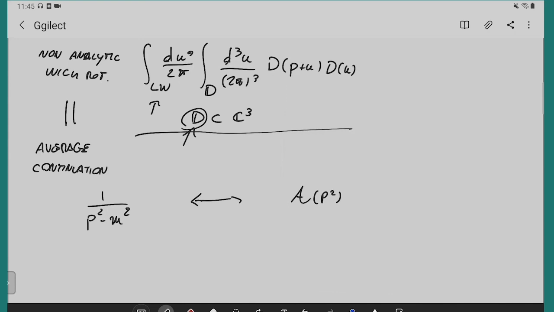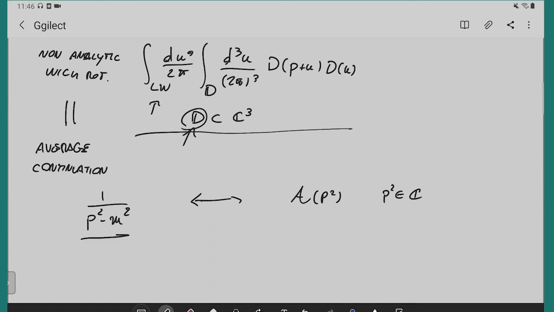The amplitude can be viewed as a function of p squared. Let's suppose that this is a one loop amplitude, p squared in C, as a complex function. And this function will have some branch points. When a complex function has branch cuts and branch points, you also have to give some prescription because otherwise it's not uniquely defined.